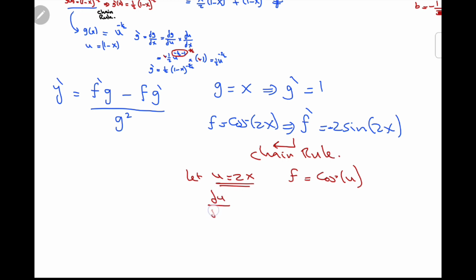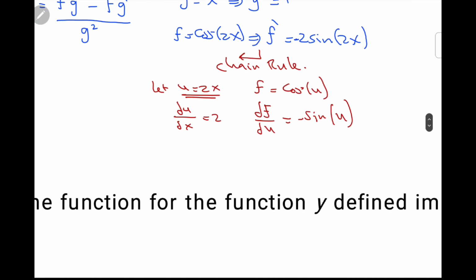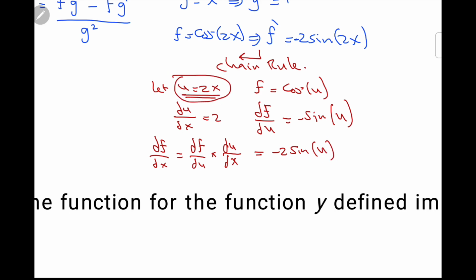So du/dx equals 2, and df/du equals −sine u. So in this case, df/dx is equal to df/du times du/dx. So the answer will be −2 sine u, but u is just 2x, you plug it back: −2 sine 2x.